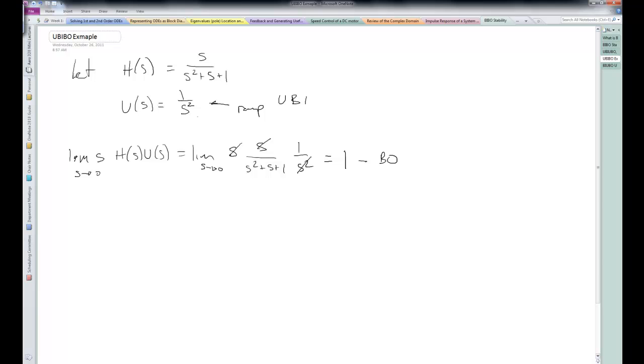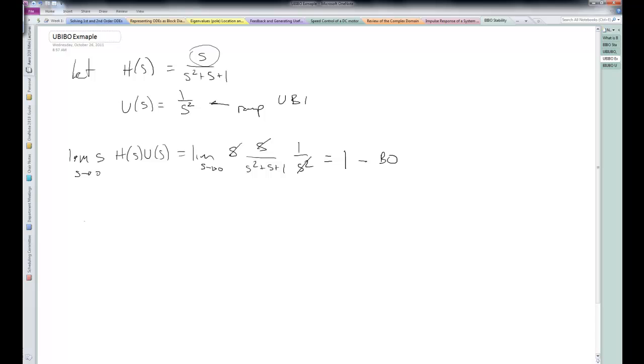Notice if I had a bounded input for this system, say 1 over s, I would not get a bounded output of 1, but a bounded output of 0. So this 0 in the numerator has some special properties. If you think about it, it's a derivative of the input. Even though the input is increasing linearly, this derivative means that a constantly increasing input is now like a constant going into the system.